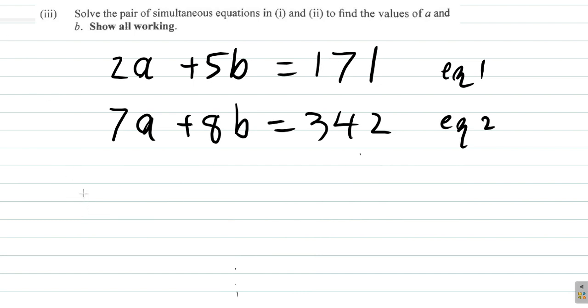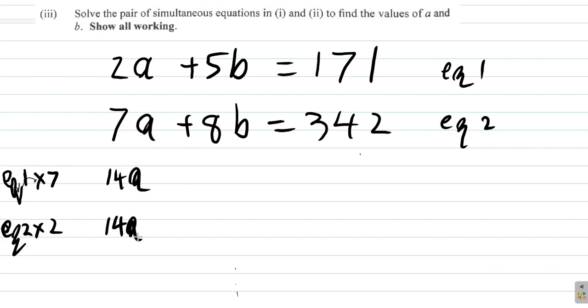Idea. Suppose I want to eliminate A. I notice that if I multiply, say, equation 1 by 7, 2 sevens 14a. And if I say equation 2 multiply by 2, 2 7 14a, this will give me two new equations.